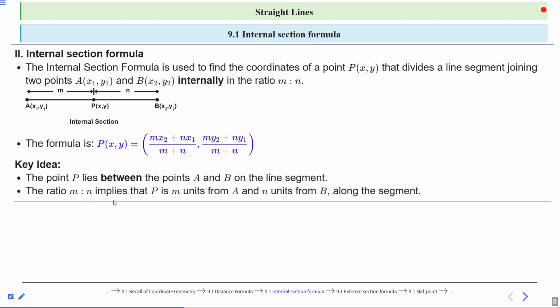The ratio m is to n implies that P is m units from A and n units from B along the segment. So here you can see this figure. m is to n means the distance between A and P is m units, and the distance between P and B is n units.